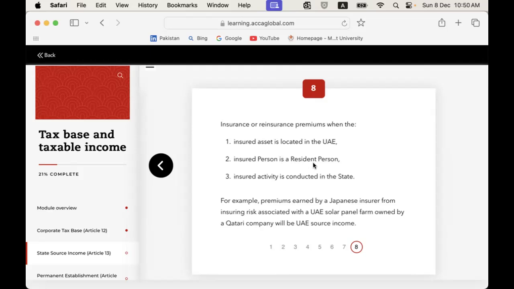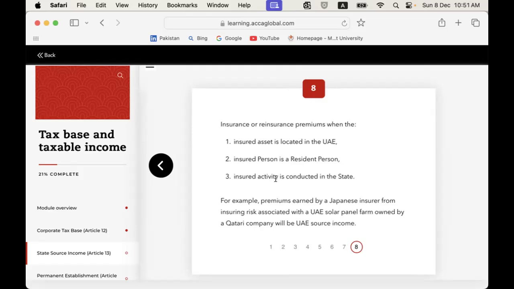If it is a natural person, for example, that is getting the insurance from some company situated in USA, because the person that is being insured is a resident person, the premiums will be UAE source income. Insured activity is conducted in the state, so they have further broadened it, that the activity is conducted in the state.